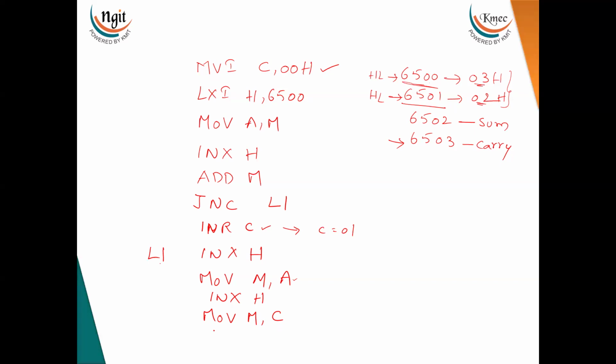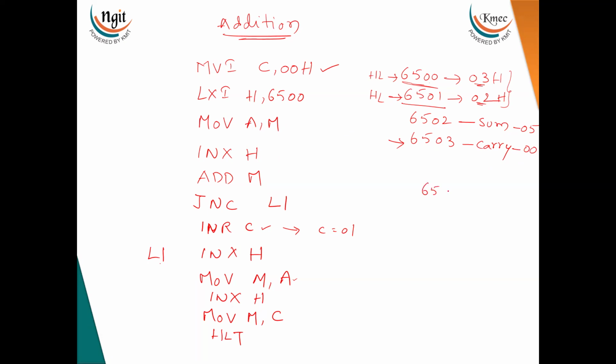After that, HLT. This is the program to write the addition program, whether the two values you take generate a carry or not. After completing this program, in this location 05 will be available, and in this location 00 will be available if we have taken data where carry is not generated.